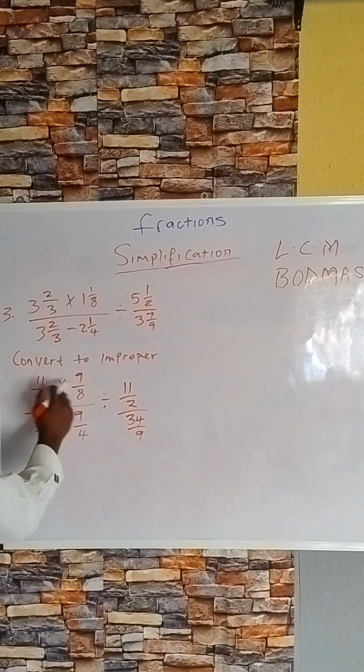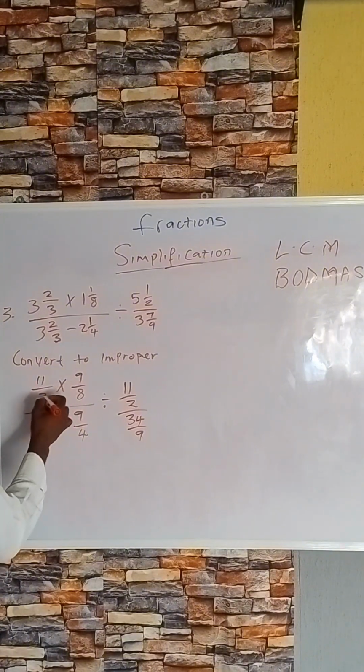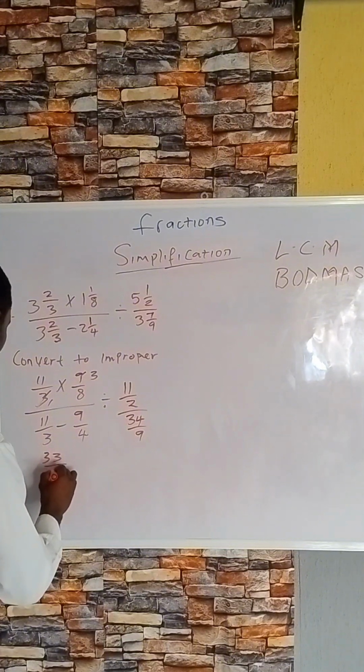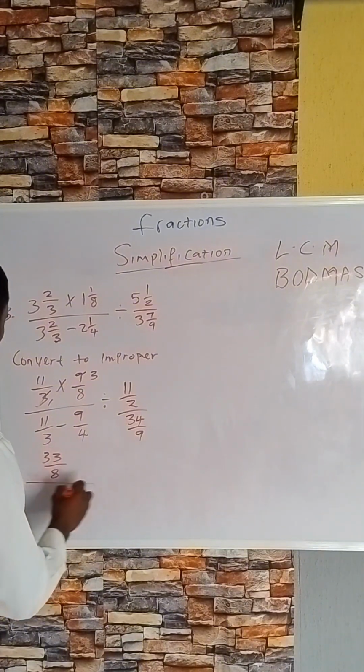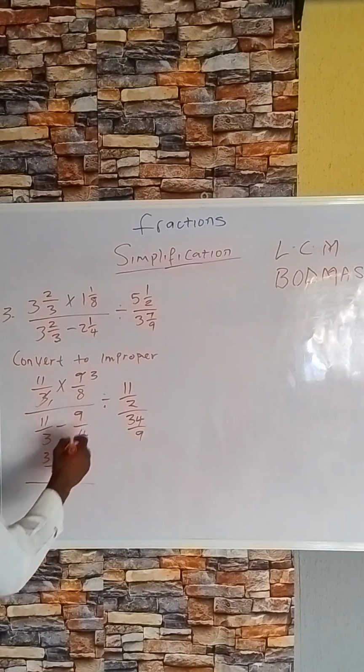You convert this to a single fraction to become 11 over 3 times 9 over 8. What are you going to get? Okay, this cannot divide. So this will become 33 over 8 over 11 over 3 minus 9 over 4.